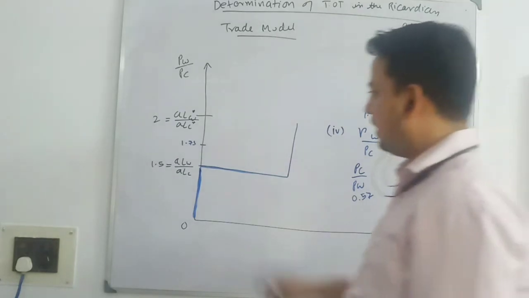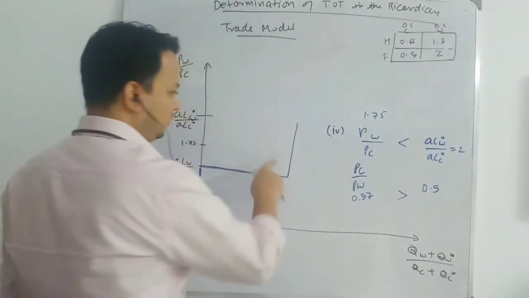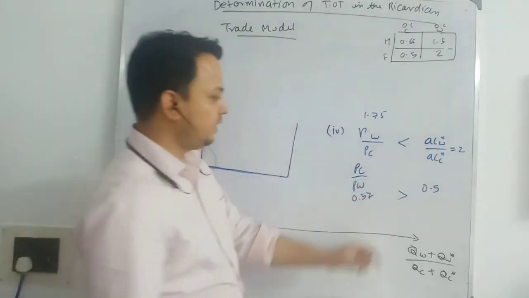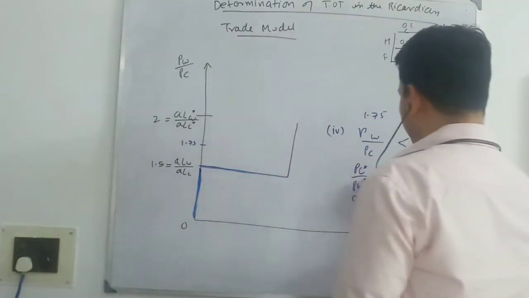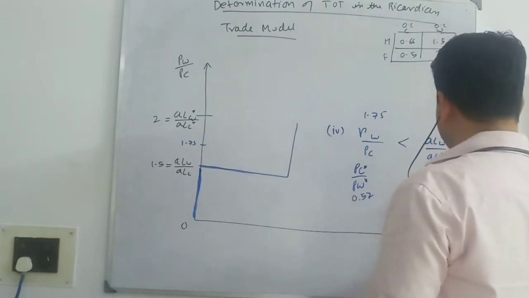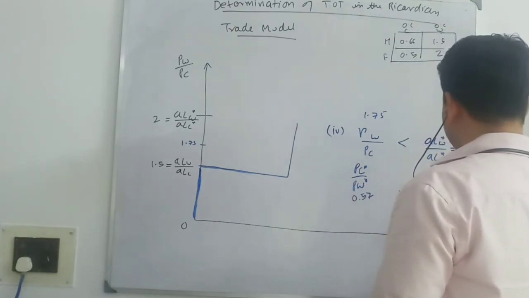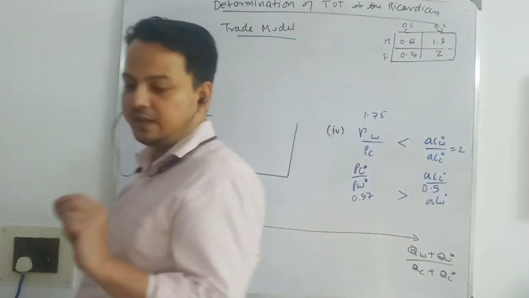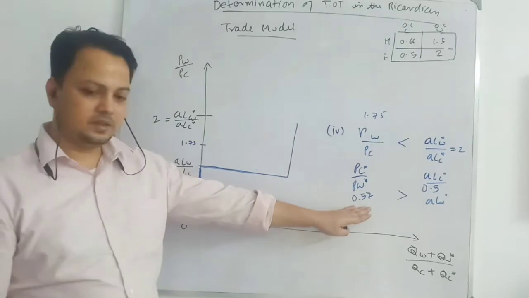Okay. So any relative price that you have here, PC star by PW star, is greater than AlC star over AlW star. So what will the foreign country do? It will specialize in the production of cheese, right?